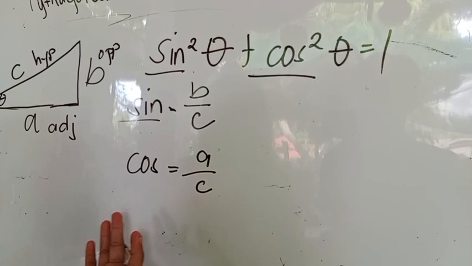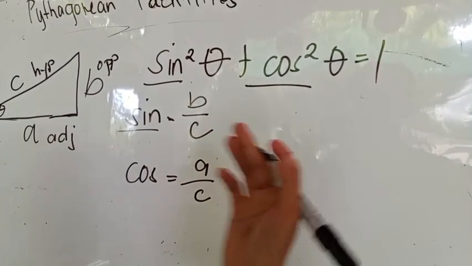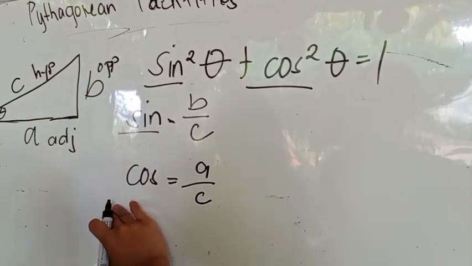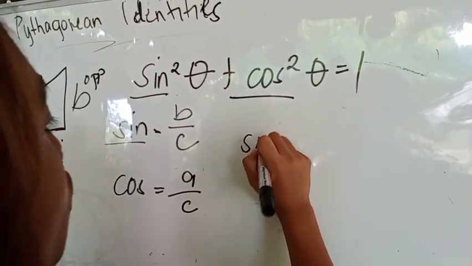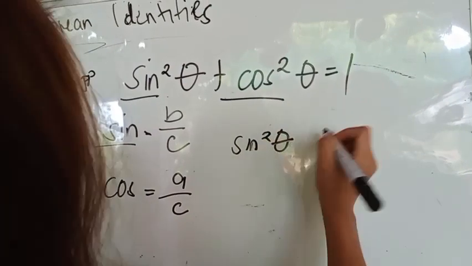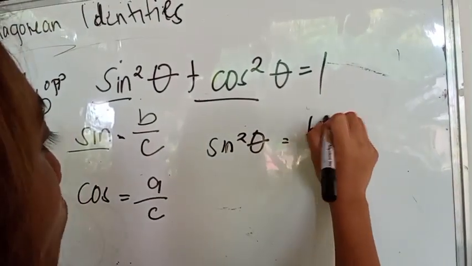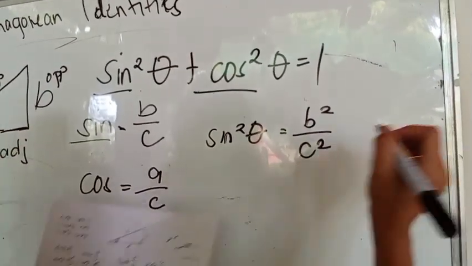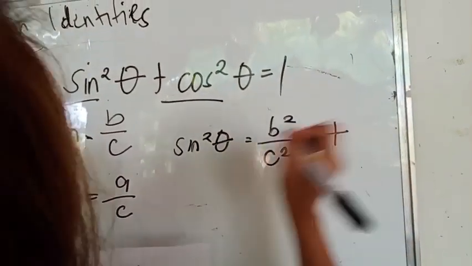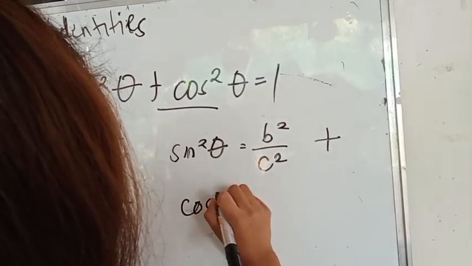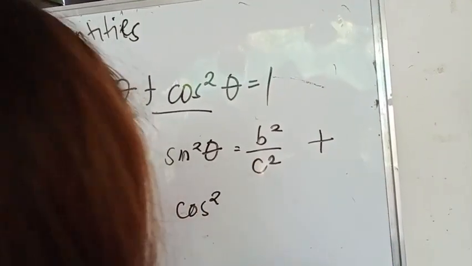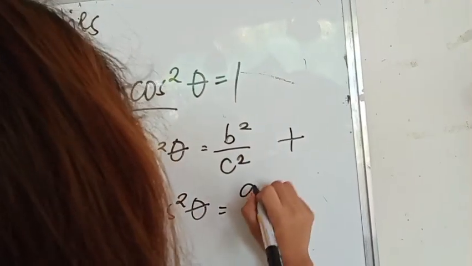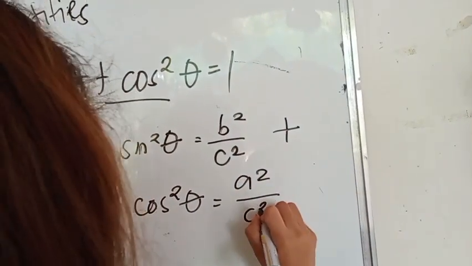Next, we're going to square these two trigonometric functions, which results in sine squared theta equals b squared over c squared, and cosine squared theta equals a squared over c squared.